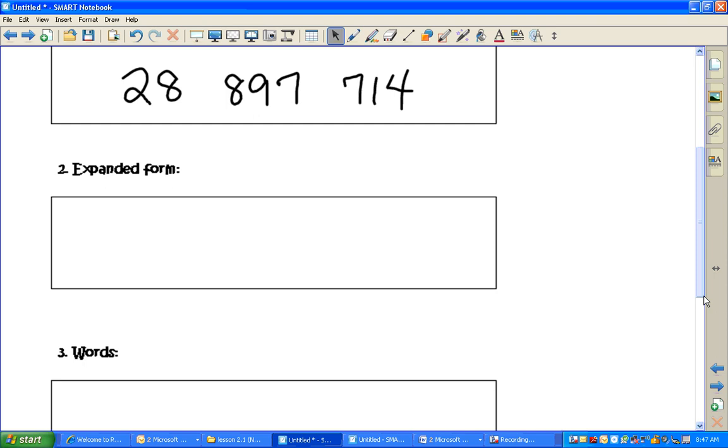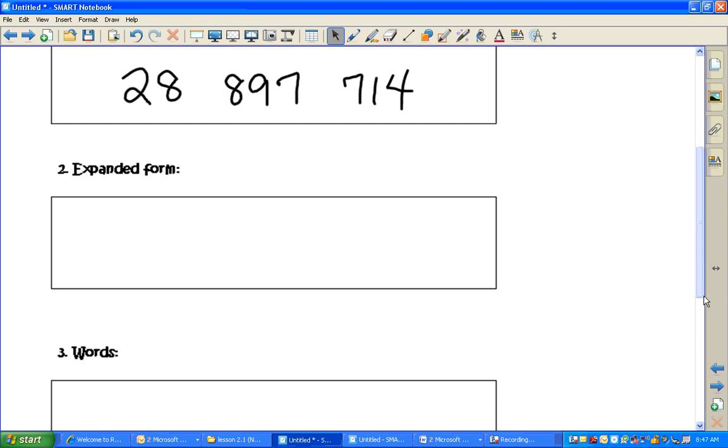Do you guys remember from last year? Yeah, kind of. Okay, if you remember, who can explain? Okay, Lauren? You write down each part of the number, adding zeros to make it equivalent to the part of the number it is. Yeah, so let's just write that out here.